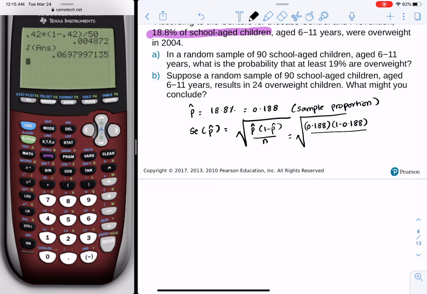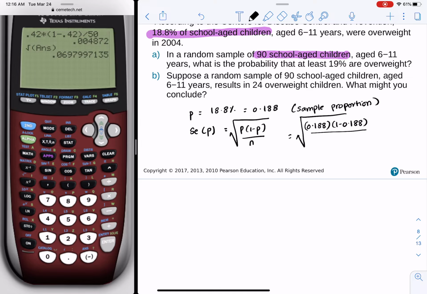The reason being, we are looking at part A and it says 90 school-age children. So perhaps we should put it as p because it is given information, the CDC value is 0.188.